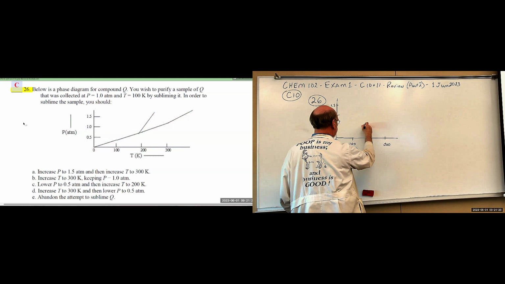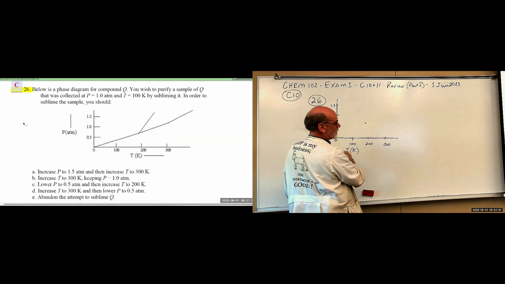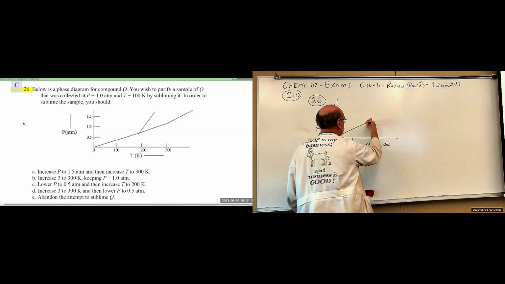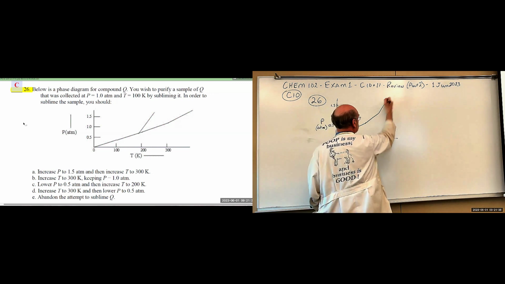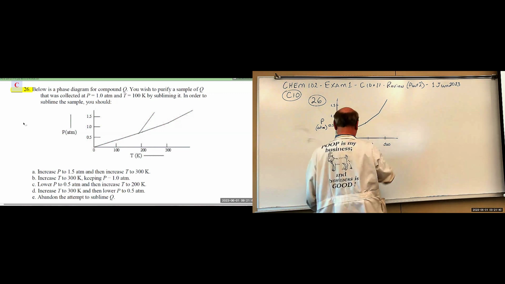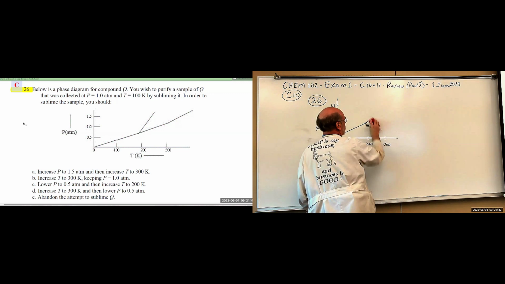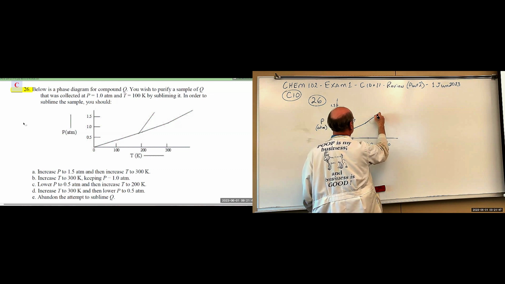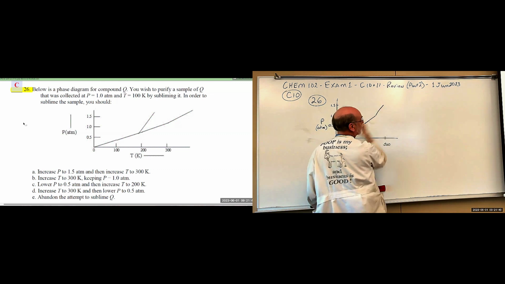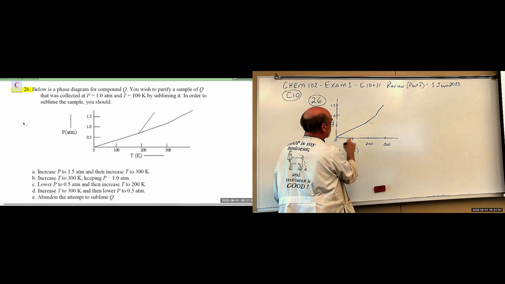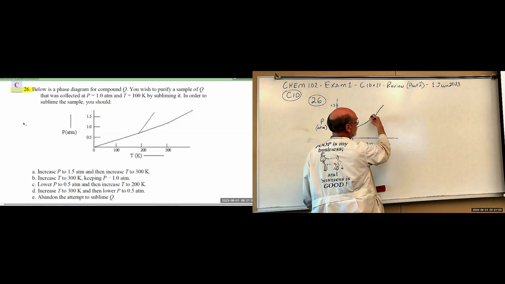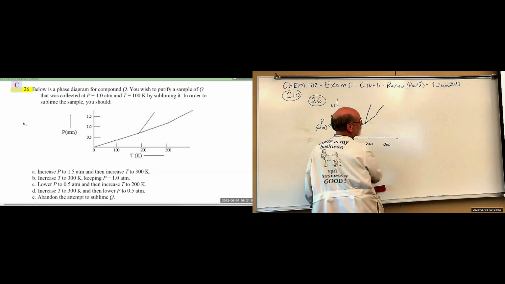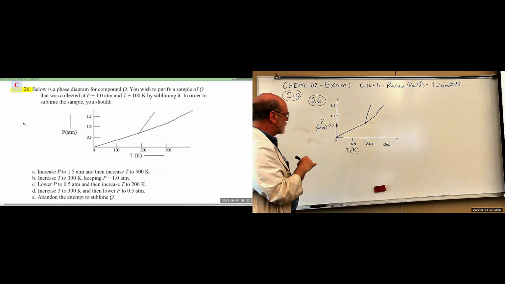Or 200 above 0.5, about right there. So our line's going to go from here to here, and then it's going to take off and go here, maybe up like that a little bit. Oops, that's too far. Try that again. 1 atmosphere is going to go like that, and then it's going to go like that. Okay, and from the triple point, we're going to go up this. Okay, so there's our diagram.